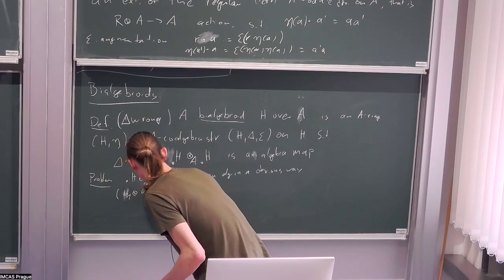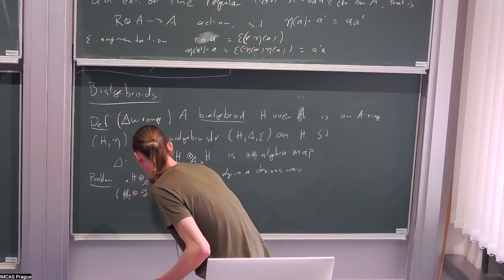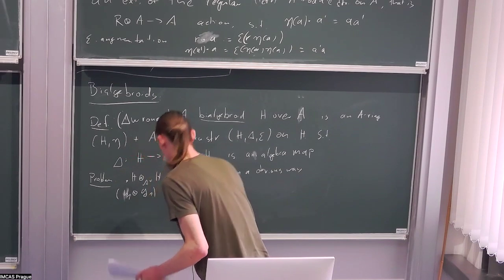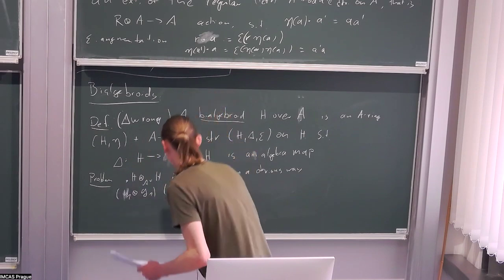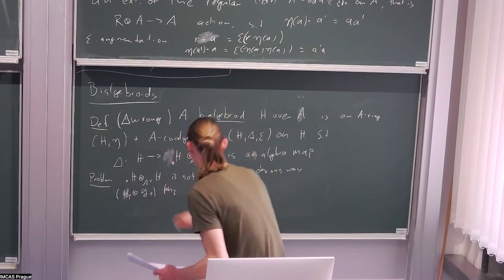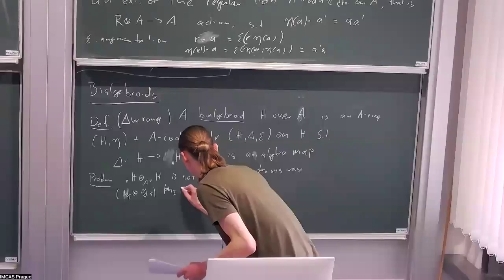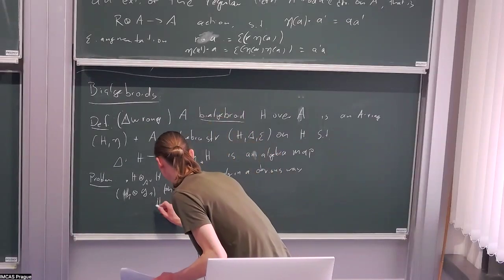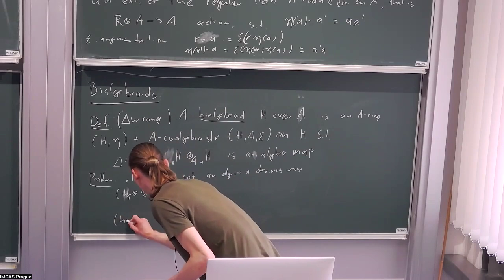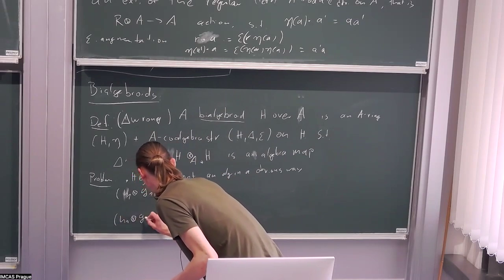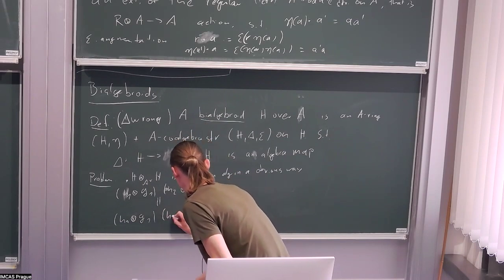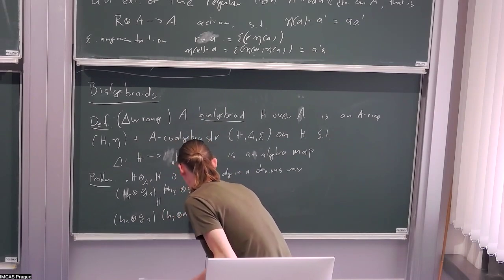if I would multiply an element like this, H1 G1 times H2, let's say A times H2, by A, some element in A, G2, then this should be the same as H1 G1 times H2 A G2, because I'm over the balanced tensor product here.